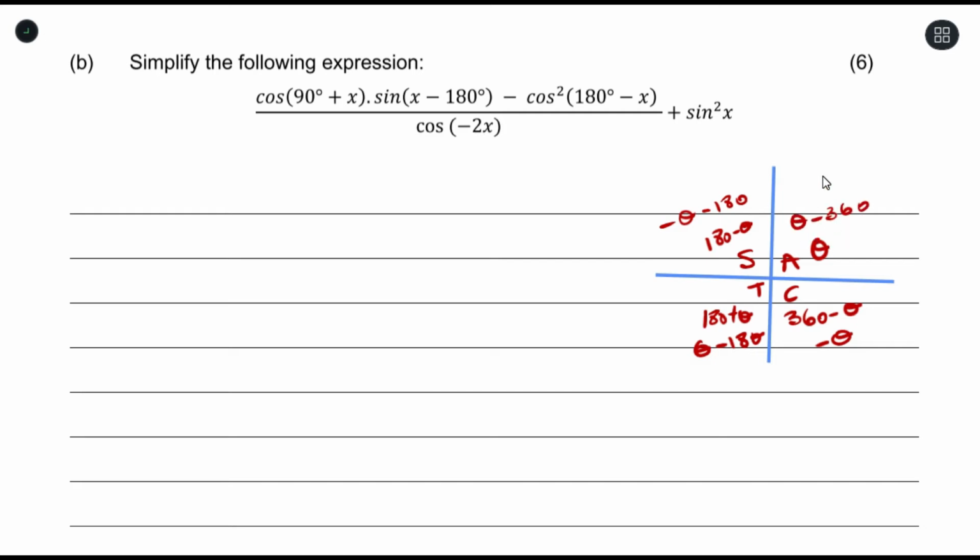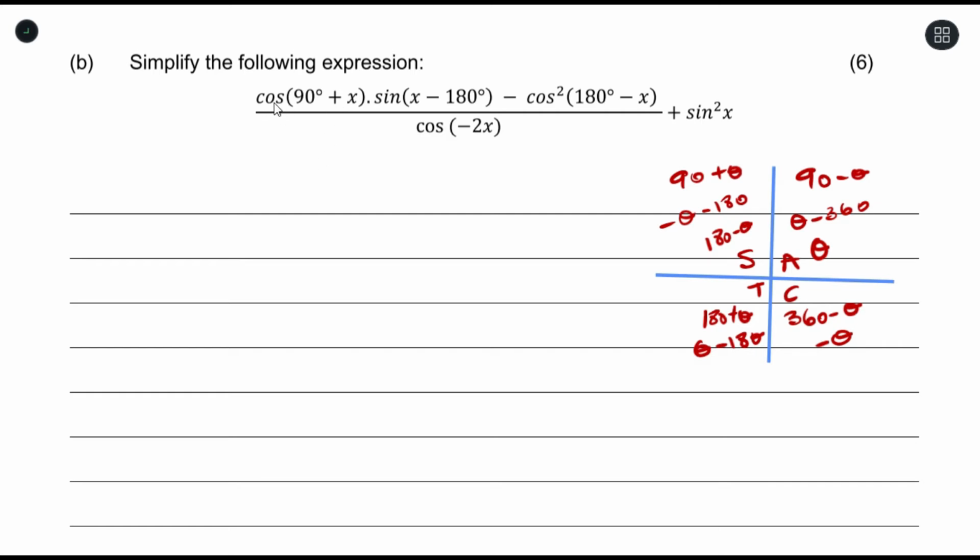For cofunctions, this here is 90 minus theta, and this here is 90 plus theta. So we can use each and every one of these identities to help us reduce our expression.